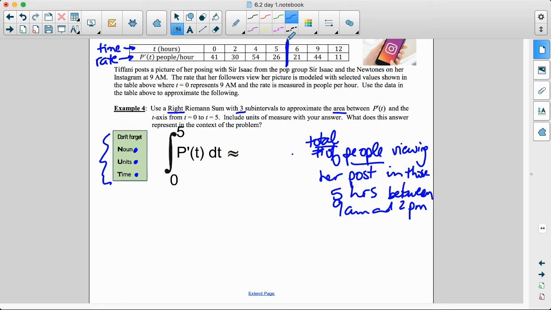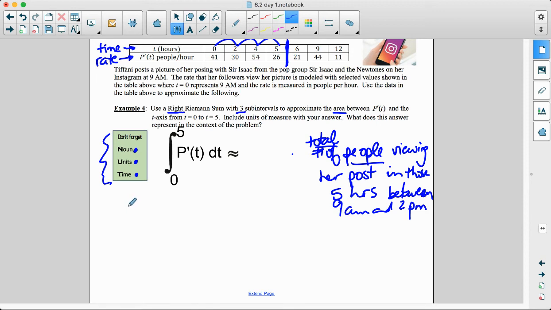So we've got to use those 3 that are given to us. So 0 to 2, 2 to 4, and 4 to 5, because we only go from 0 to 5. So the 3 subintervals we have are 0 to 2 and then 2 to 4. So those 2 are both the same width. They are 2 units wide. And then from 4 to 5 is only 1 hour wide.